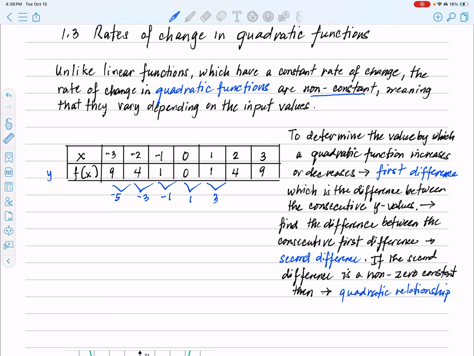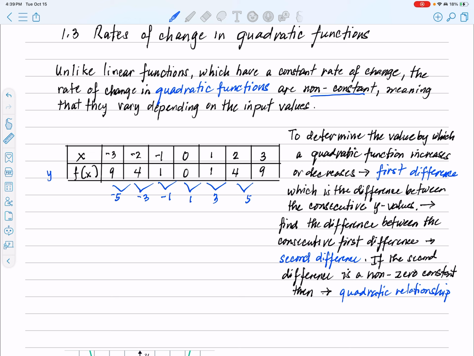Then 9 minus 4, you have 5. That is your first difference, which is the difference between two consecutive y values, meaning the values that come one after another.